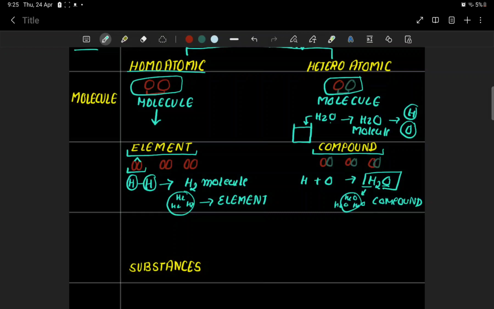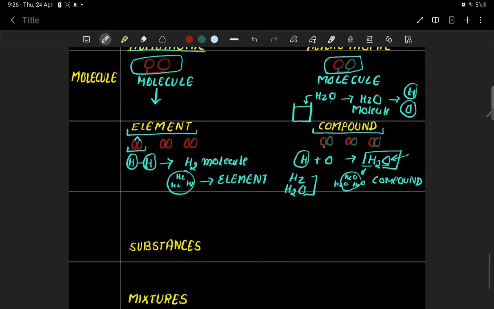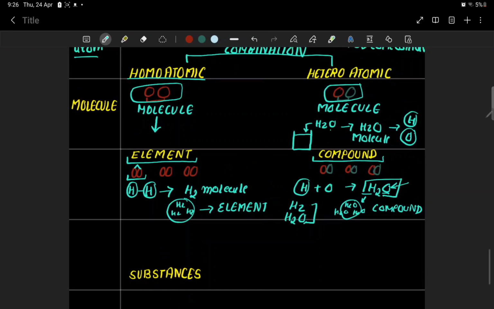Another thing that you can notice is that H2O has different chemical properties than hydrogen. Hydrogen burns with a pop sound, and H2O is used to extinguish fire. So they have different properties, but both elements and compounds are present in fixed composition. Also, they are chemically bonded.